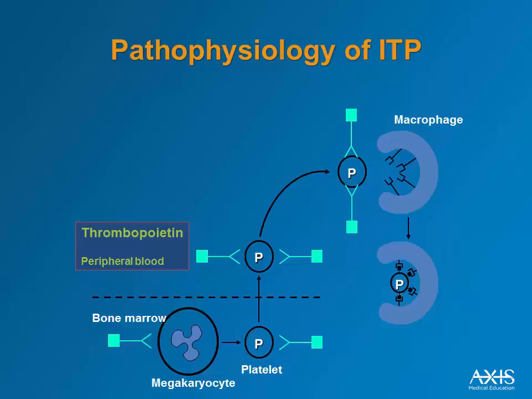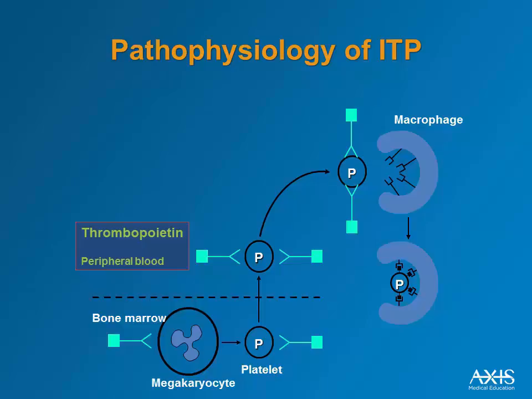We no longer think that platelet production is increased because, as indicated by the light green antibody, that antibody may be damaging the megakaryocytes or at least preventing them from releasing platelets. It's possible if they release platelets that antibodies in the bone marrow will damage or destroy the platelet before it ever gets in the peripheral blood.